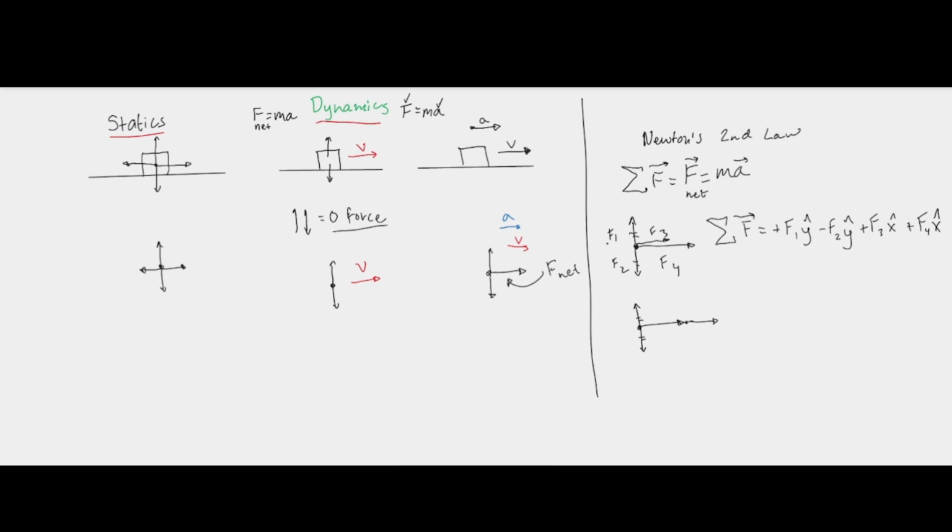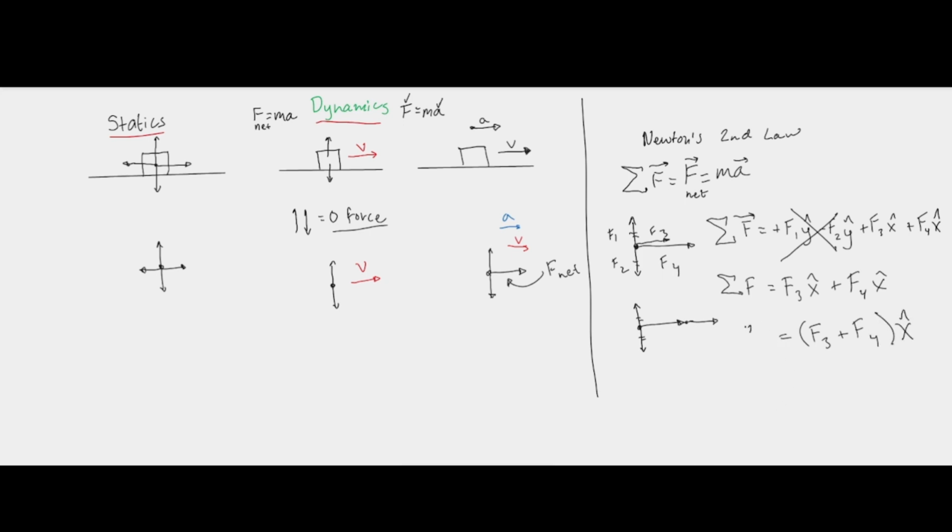Now, I made a geometric argument, so these are equal and opposite, and I'm left with just the x hat components. So the sum of the forces for this specific object is equal to F3 x hat plus F4 x hat, and you could rewrite this as F3 plus F4 because they're both in the x hat direction.